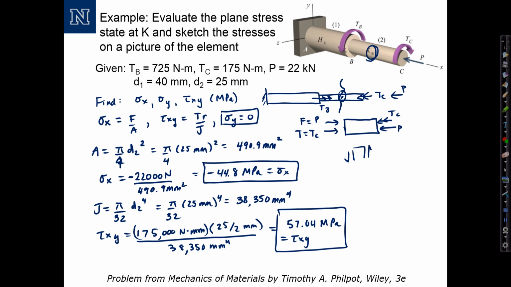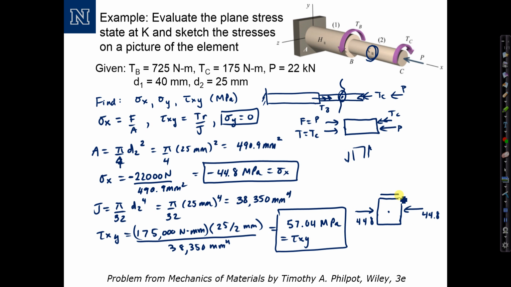Okay, so now the last step of the problem is to represent these stresses on a little sketch of the element of point K. So I'll draw my little sketch like this, just a little block. Sigma x is negative, so I draw arrows pointing inward, 44.8. Okay, sigma y is equal to 0.